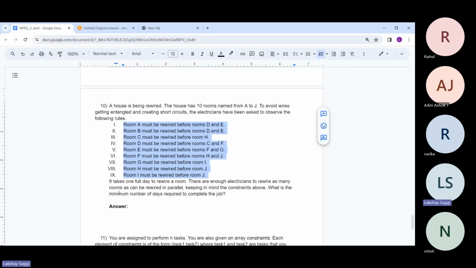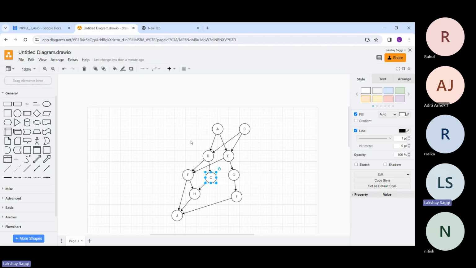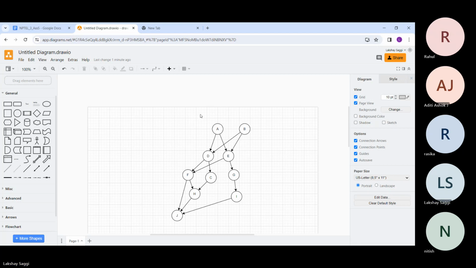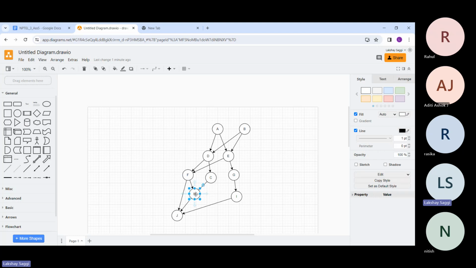What we want to find is the minimum number of days required. Note that we have placed a lower bound of 5 because of this path, A to D to C to H to J. So at least 5 days are required, and note that we can actually do this job in 5 days as well.